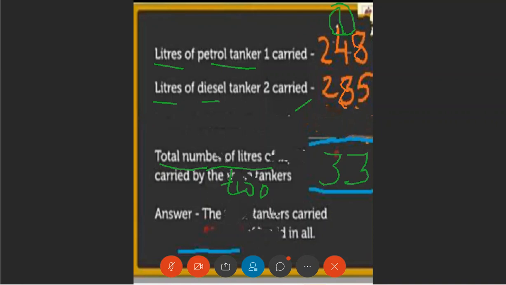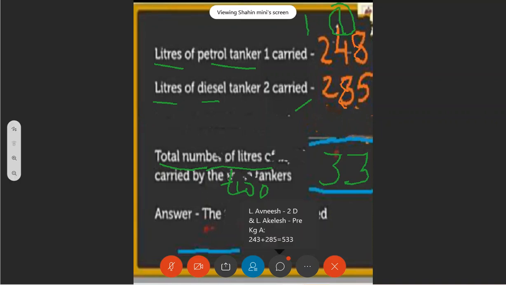Yes, put it here, 1. Yes, children. 1 plus 2 is equal to 3. 3 plus 2 is equal to 5. So the total is 533 liters. We got the answer.